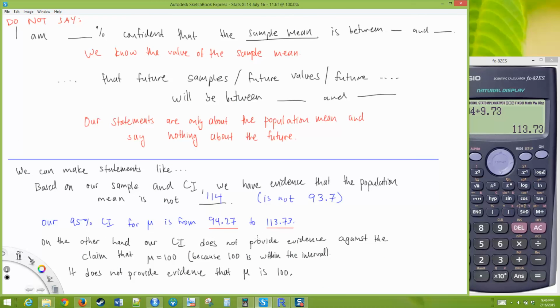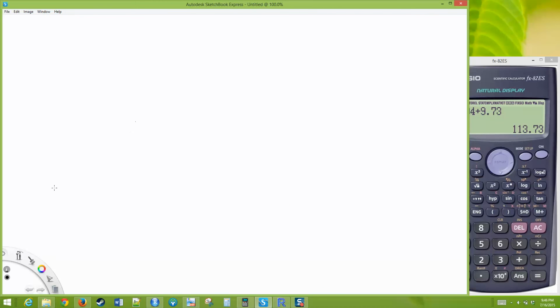Let's take the same data: y bar equal to 104, standard deviation 13.6, and n equal to 10. And so our 95% confidence interval goes from 94.27 to 113.73. What if I said, now make a 99% confidence interval?